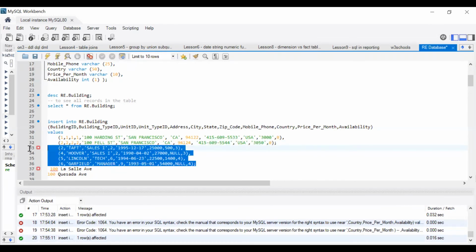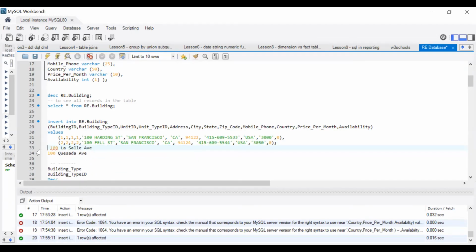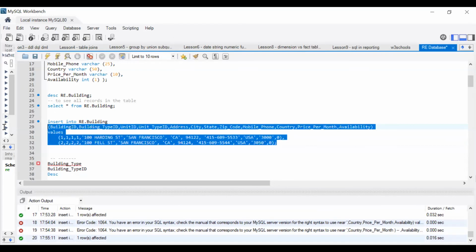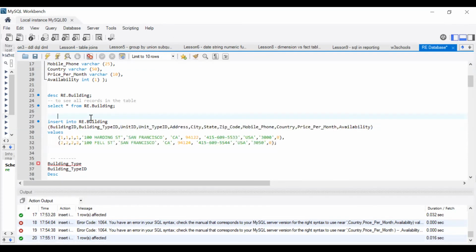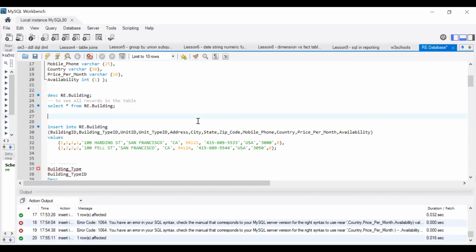All right. So this way we're trying to insert 2 records at the same time. And let's truncate this table, meaning deleting all the records, because we want to start clean, inserting 2 clean rows. Okay, let's write truncate.